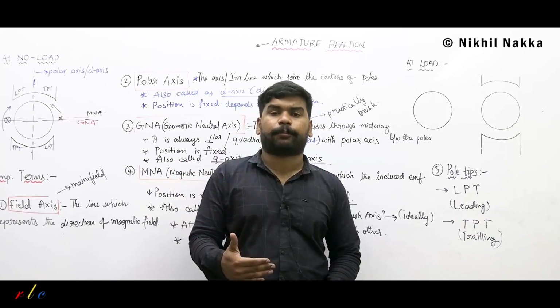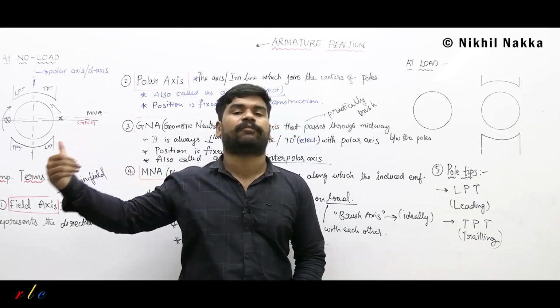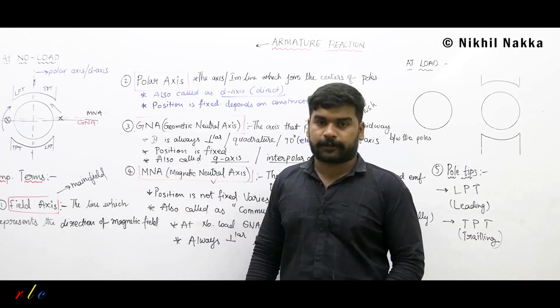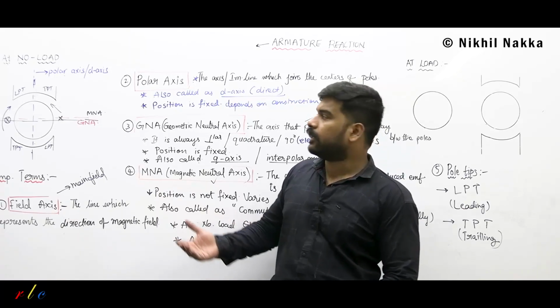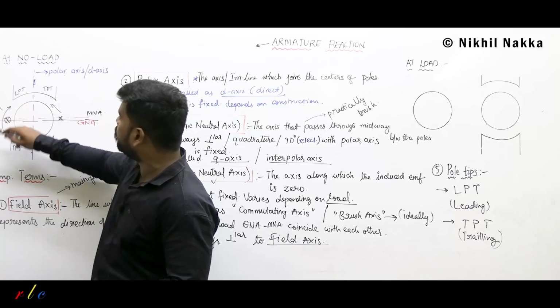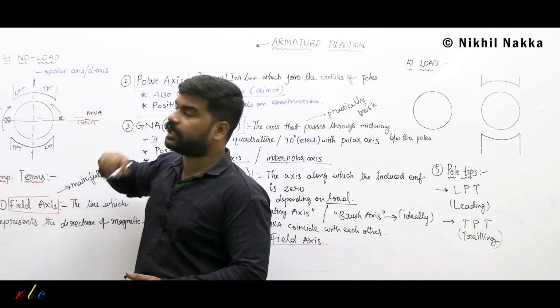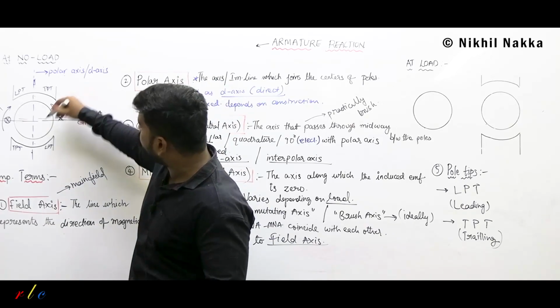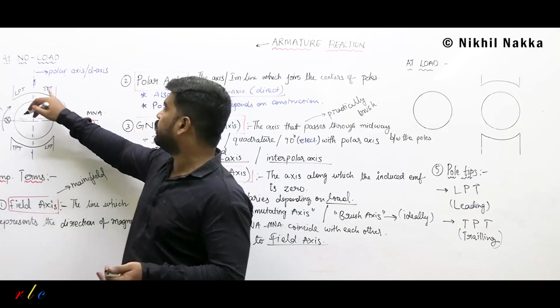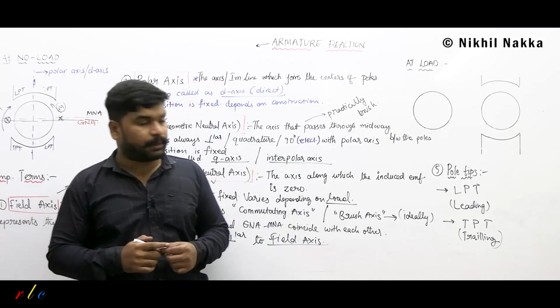So you can write another point: for the same conditions, the direction of rotation of the generator is opposite to that of the motor. So when you operate this machine as a generator rotating clockwise, you get LPT, TPT like this. If you want to operate the same machine as a motor, you are supposed to rotate it anti-clockwise, and then the LPT and TPT positions will change. This fact you have to keep in mind.